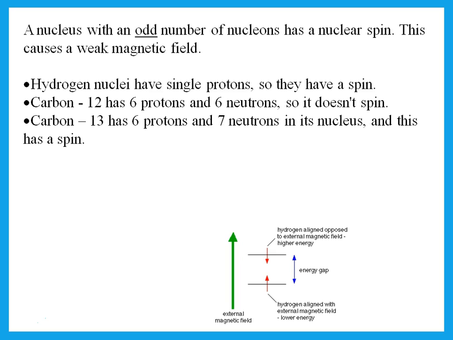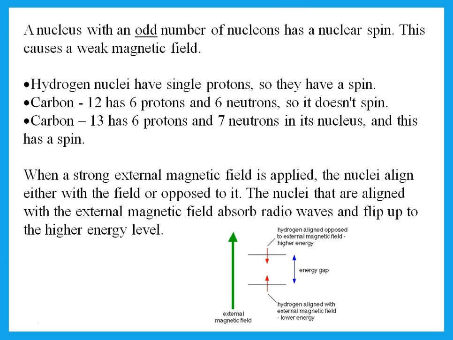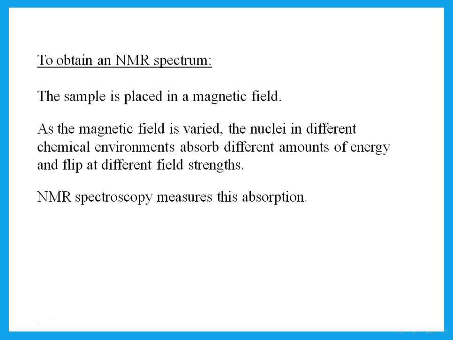And that means when the nucleus is aligned with the external magnetic field, it can absorb energy, and the kind of energy it absorbs, remember, is radio waves, and flip. When the nucleus absorbs the energy and flips, this gives a signal, and that is our NMR spectrum.